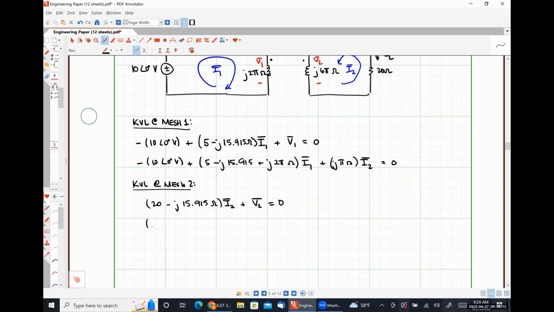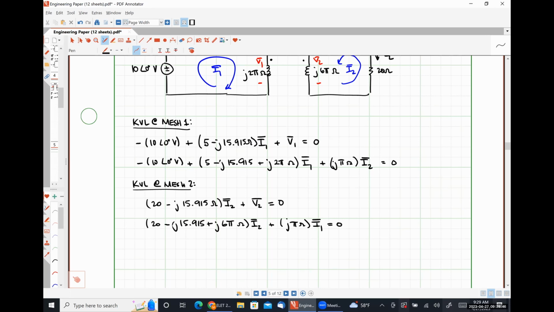So that means we're going to have 20 minus J15.915 plus J6 pi ohms, all times I2, plus J times pi ohms times I1 is equal to 0.